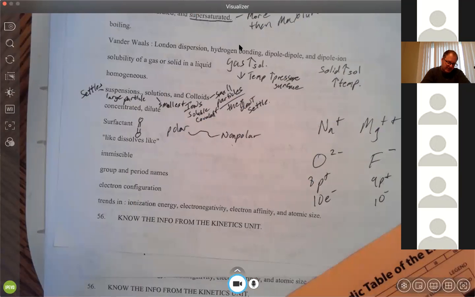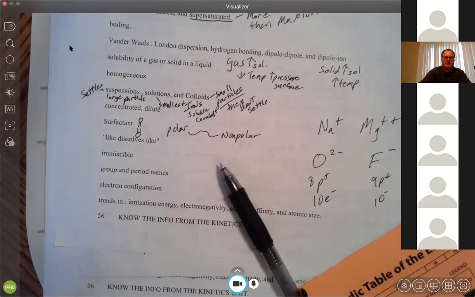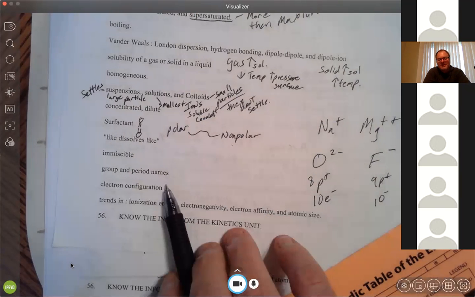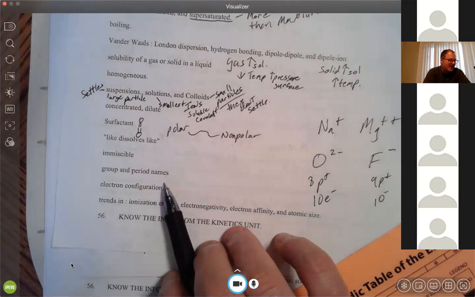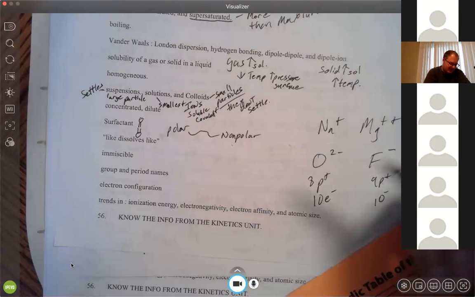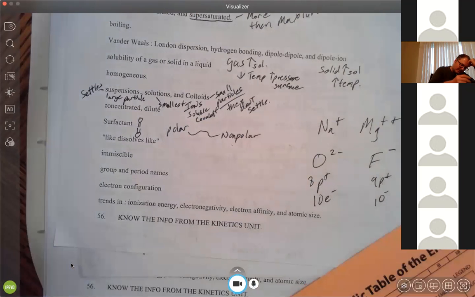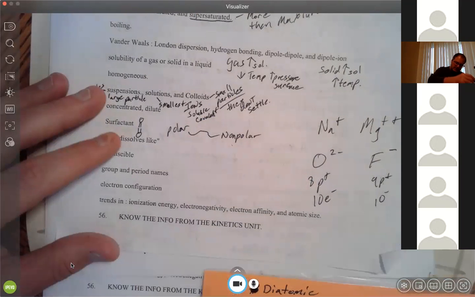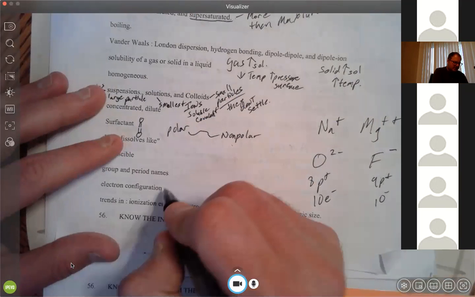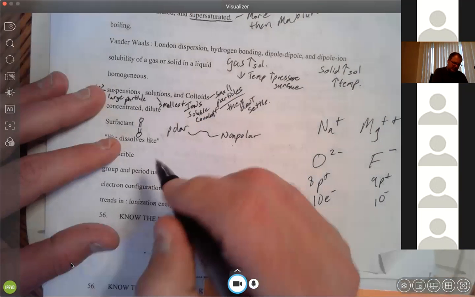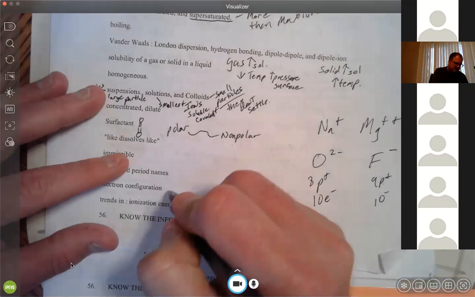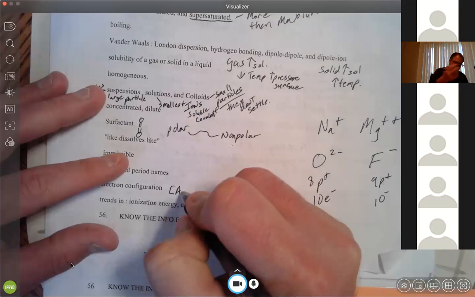Electron configuration. I remember the easiest way to find out what element is being shown with the electron configuration would be to count the electrons. For example, did you guys go over the exceptions to the weird rules of the electron? So if we have argon, for example, we're doing copper.